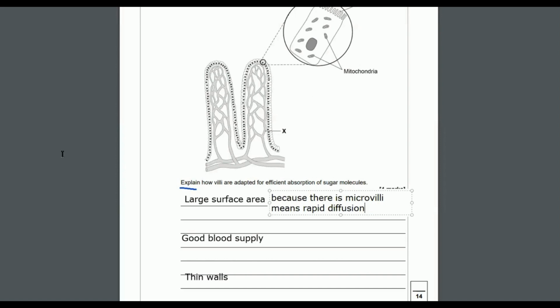Now we have a good blood supply. Why is that important? Think about this. You have food molecules here. When they diffuse over, it's not going to be long. If I have 5 food molecules here and the concentration after a while, we're going to end up like that. And we're going to have an even amount of food molecules. And then the food is going to start diffusing back out.